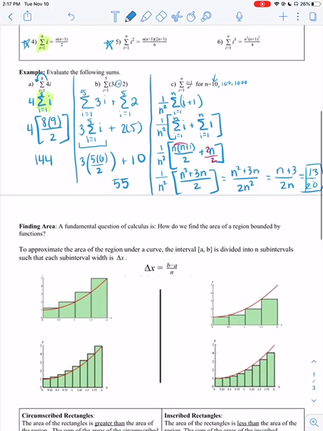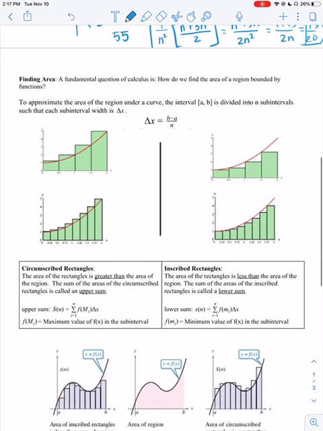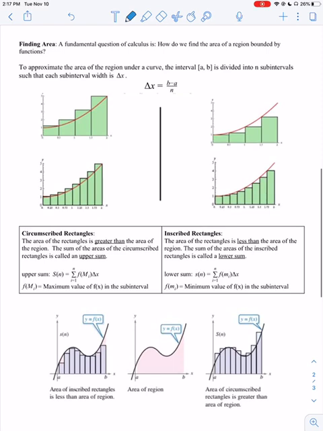Okay, and now this is kind of the main part of the lesson. So this is the next big fundamental question of calculus, is how do we find the area of a region that is bounded by functions? So the area under a curve.